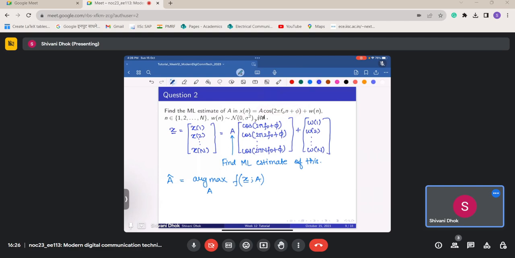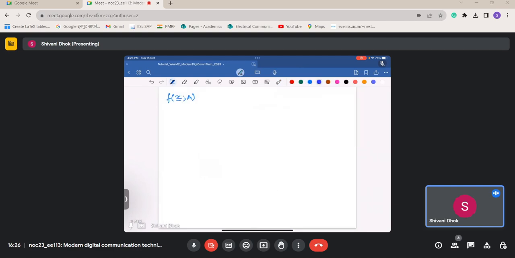We have xn equal to A cos(2 pi f naught n plus phi) plus Wn.